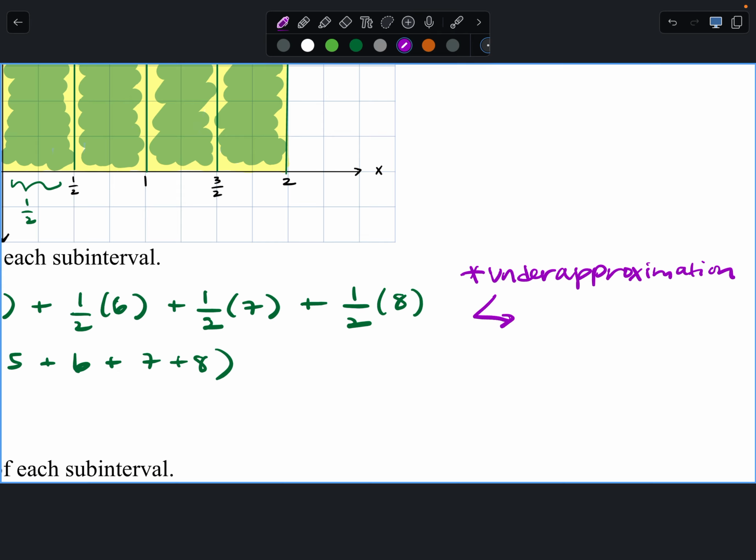And that's because the rectangles that we used, we can actually refer to as being inscribed rectangles.